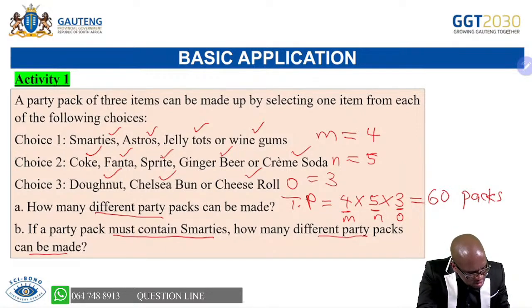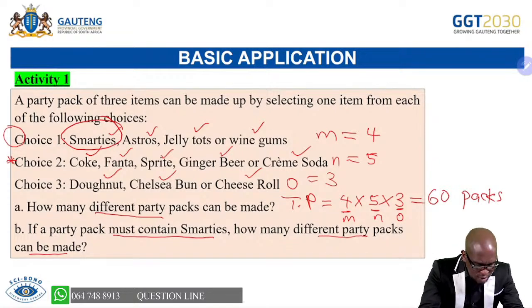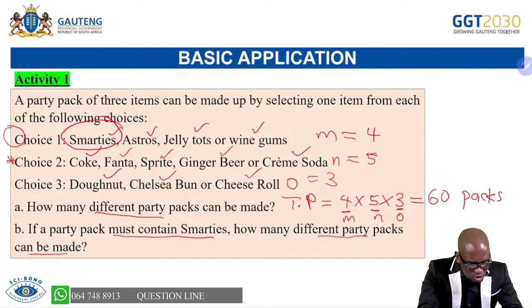Which means that for choice 1 here, you should have Smarties. So we are not interested in any other item in choice 1. You should have just Smarties.